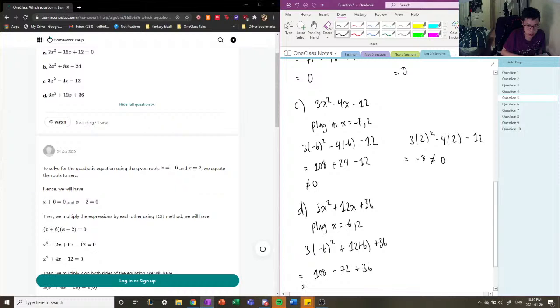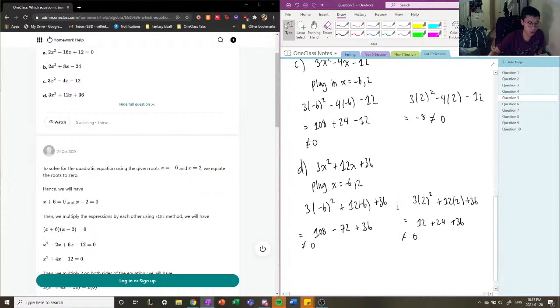So if this was -36, then this would be 0. That is not. Alas, it is not. Okay, and let's check 2. So 3 times 2 squared plus 12 times 2 plus 36. That's equal to 12 plus 24 plus 36. That's not equal to 0.